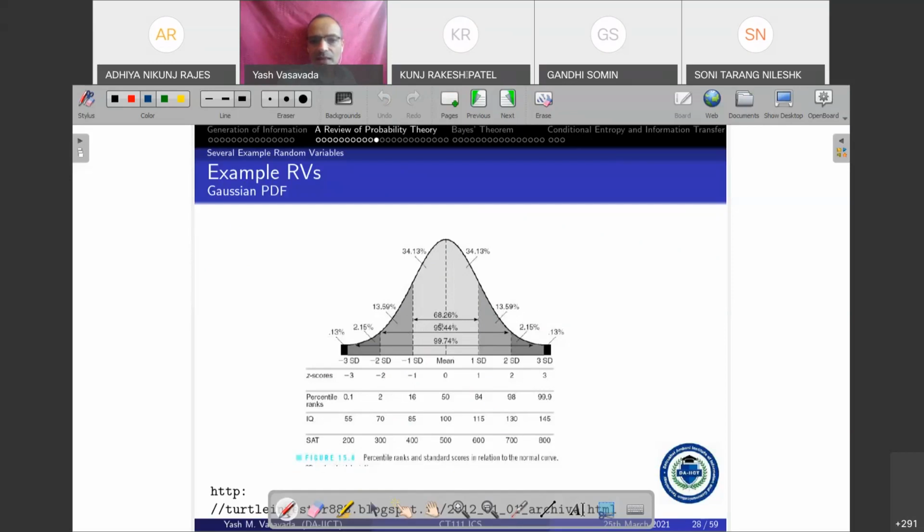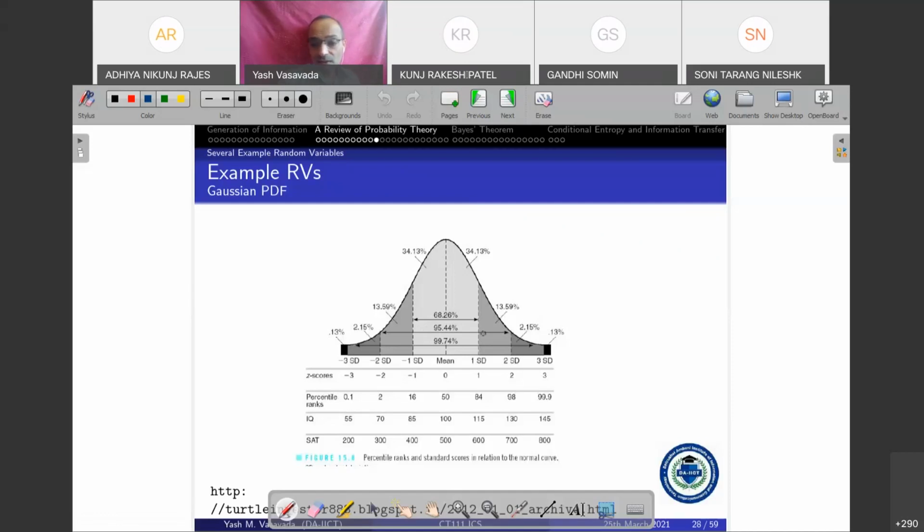That probability is 68.26%. What is the probability that the variable takes a value from minus 2 times the standard deviation to positive 2 times the standard deviation relative to the mean? That value is close to 95.4%.